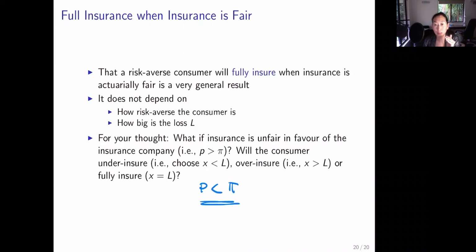So when the insurance actually is cheaper, you would expect, in common sense, that if you have to pay less than the chance that you will get the accident and the payout, then you would say, okay, I will buy it. Actually, I would buy more.